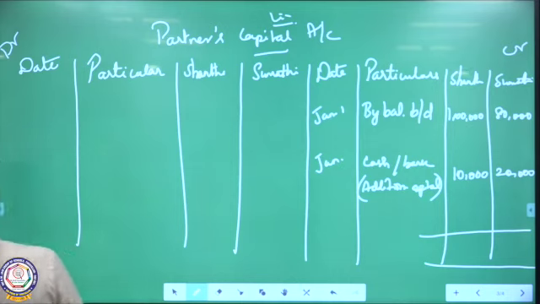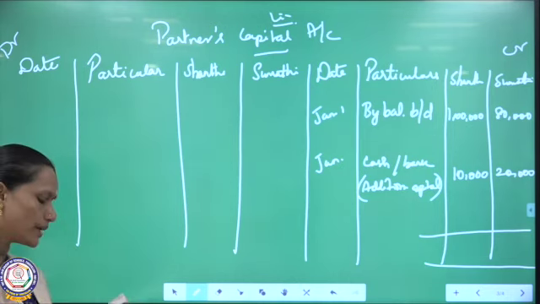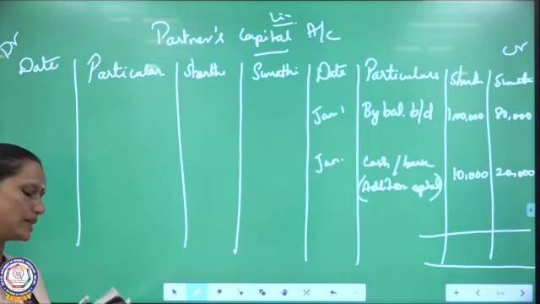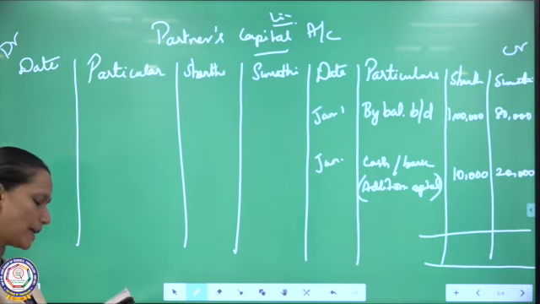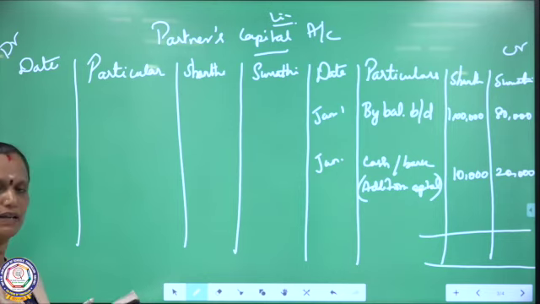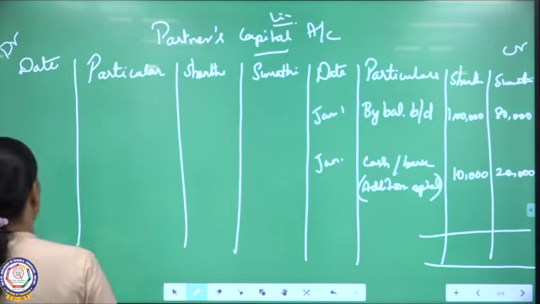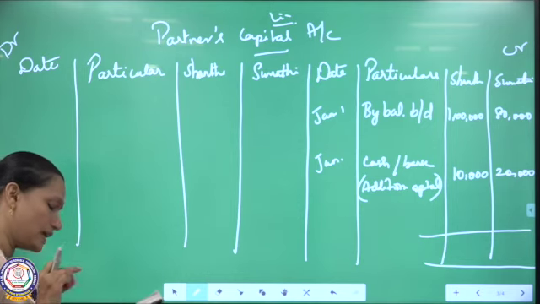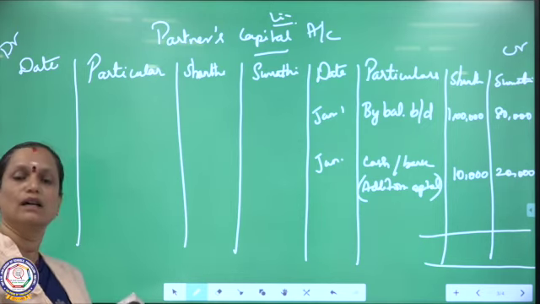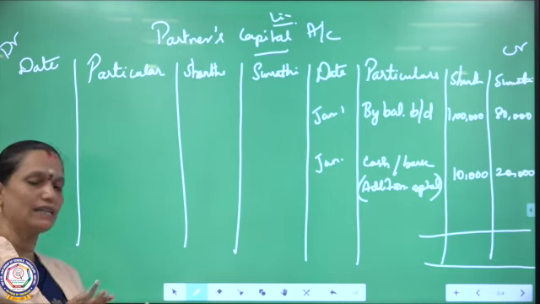And then here, what should we do? Drawings during 2018, 20,000, 13,000, and then interest on drawing, share of profit, interest on capital, salary, commission and all they have given. So, we should take only the drawings, okay. Here they have not given the permanent drawing, okay. Permanent withdrawal they did not give.